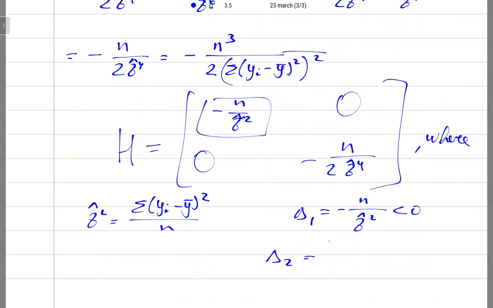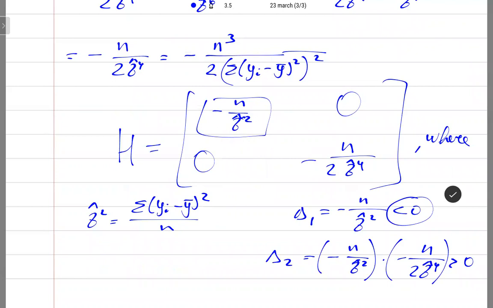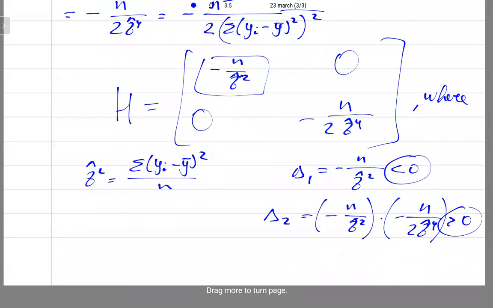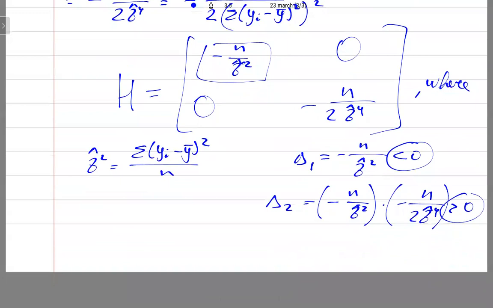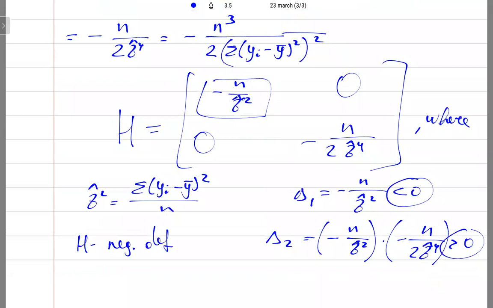Delta 2 is minus n over sigma squared hat times minus n over 2 sigma hat to the power 4, and it's greater than 0. When I have the first principal minor of negative sign and the second principal minor of positive sign, then what can I conclude? A negative definite matrix. So yes, the Hessian matrix is negative definite, and my point is a maximum.